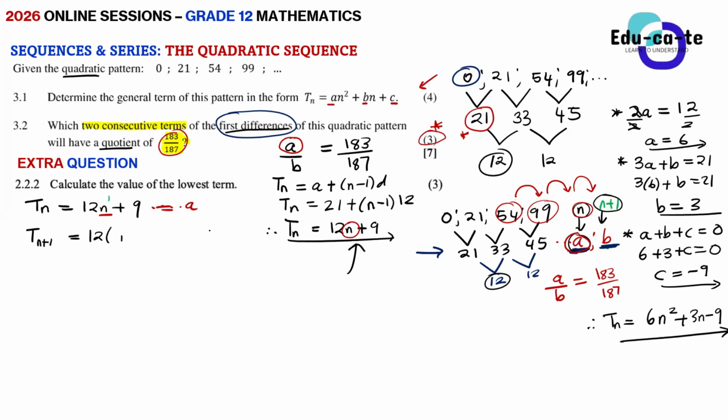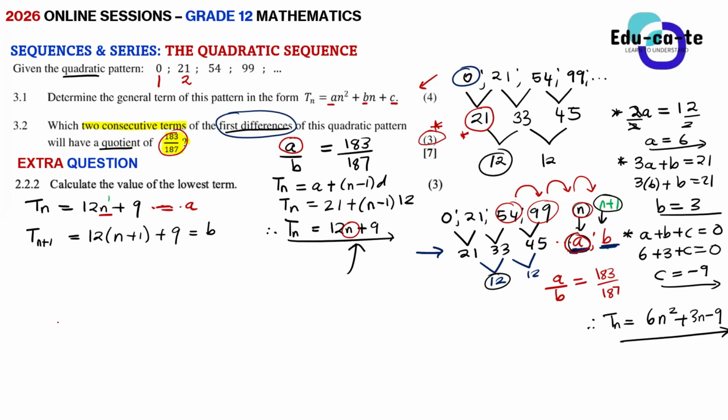Can I ask why plus 1? It's plus 1 because these terms are following each other. When 2 terms are following each other, their positions are different by 1. For example, let's look at the quadratic pattern: 0 is term 1, 21 is term 2, 54 is term 3.